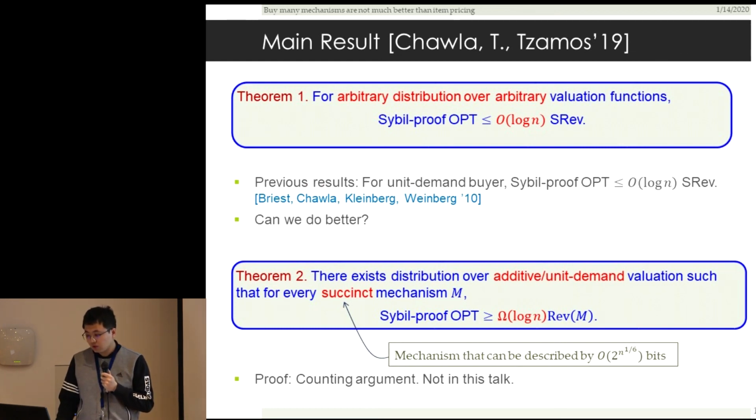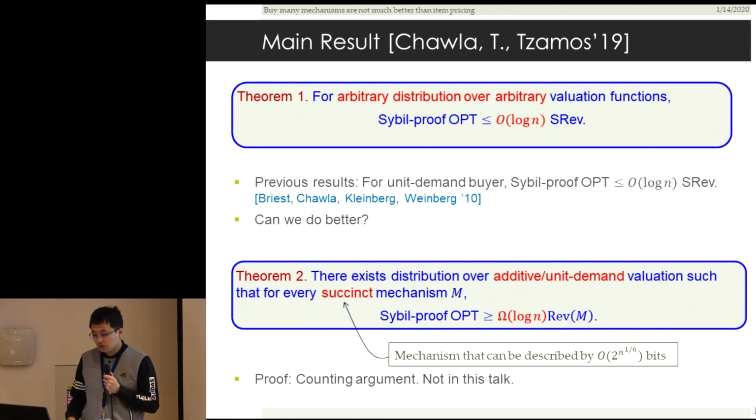So this result gives a huge improvement over the previous result that proves the same theorem only for the union among buyers. The O(log n) gap still seems a bit large, but this is the best we can do.